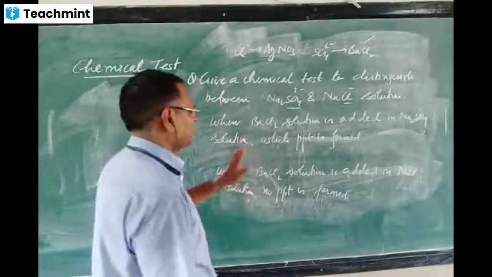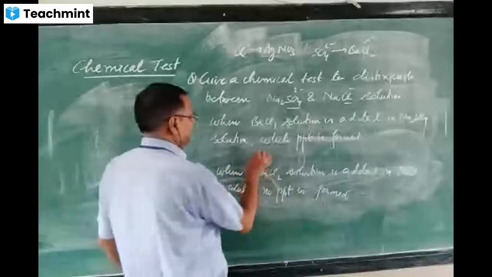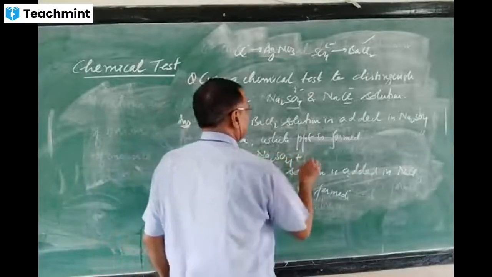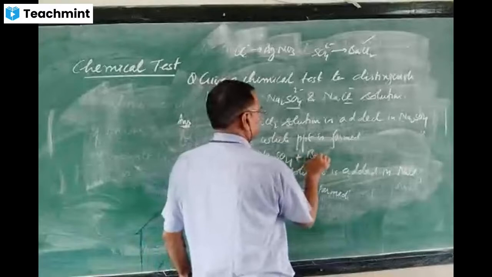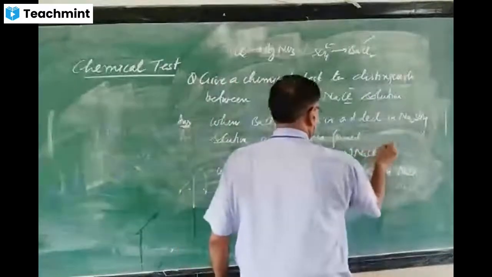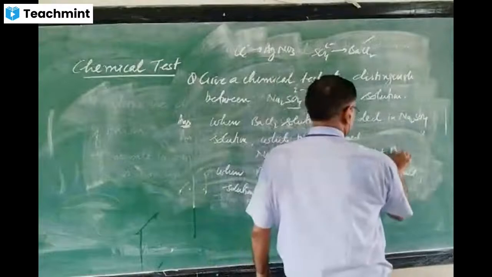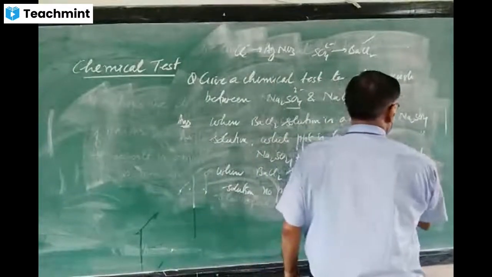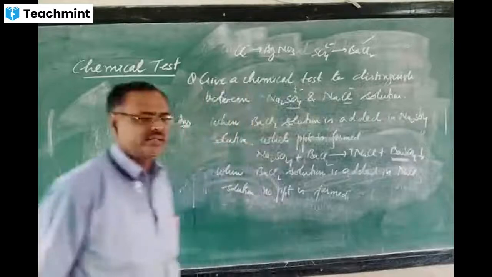Just to see the chemical equation, I can give you, but it is not required. Sodium sulfate reacts with barium chloride to form sodium chloride and barium sulfate. Because of this barium sulfate, you are getting the white precipitate.